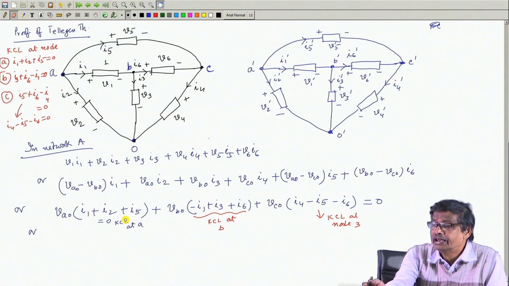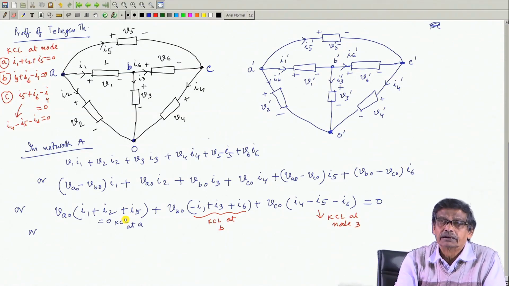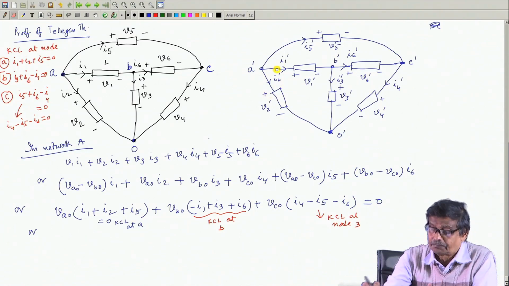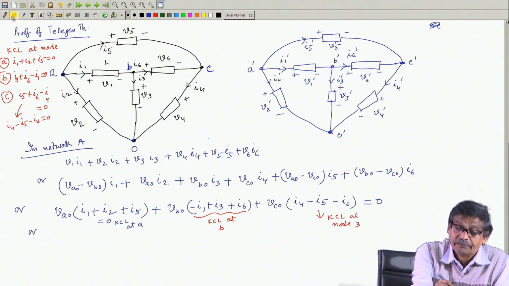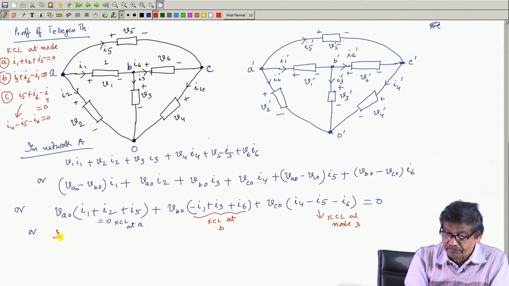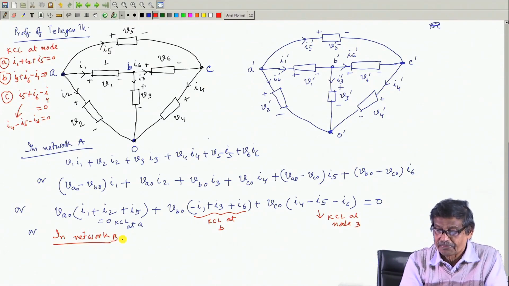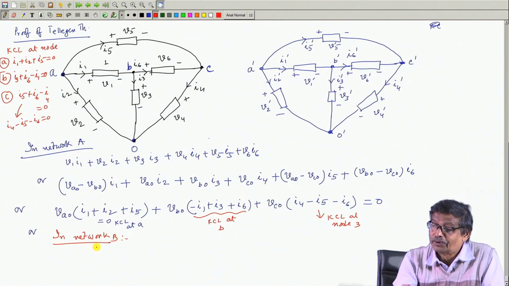Now, come to this network. In this network, everything is like this. Therefore, no point in going on writing V 1 dashed I 1 dashed plus V 2 dashed I 2 dashed. What I am telling, in network B, which is totally a separate network, the only thing is that all the quantities here have been replaced by primes.